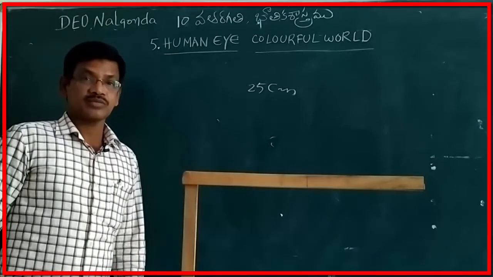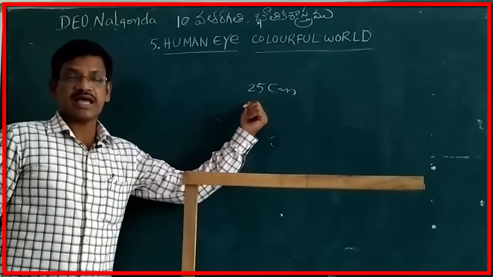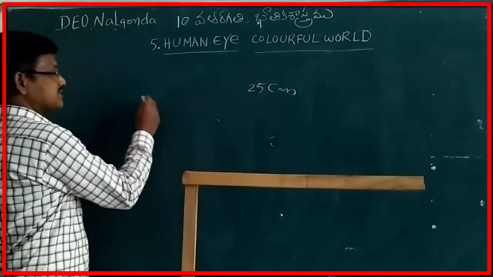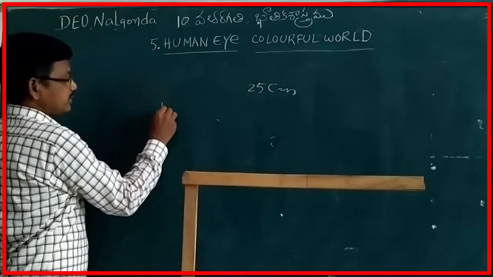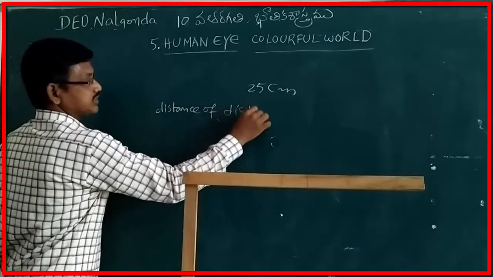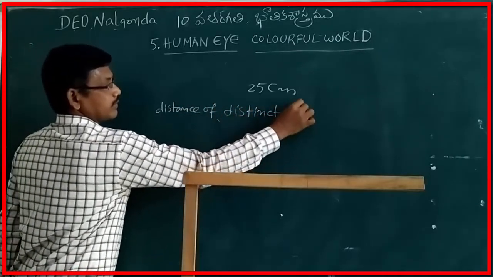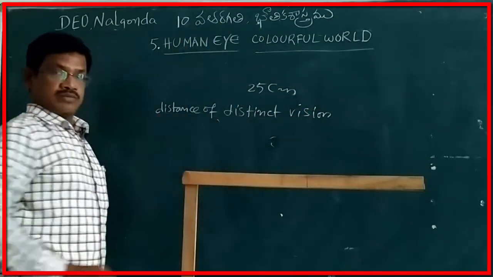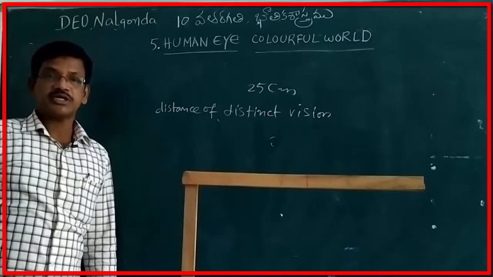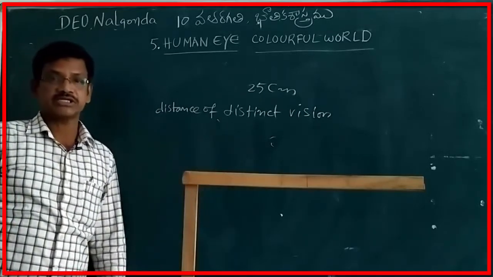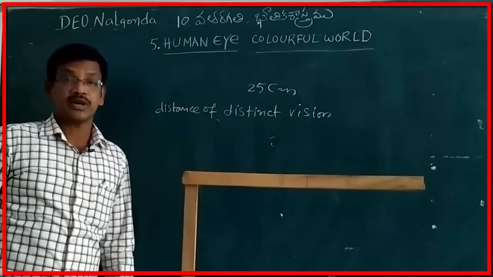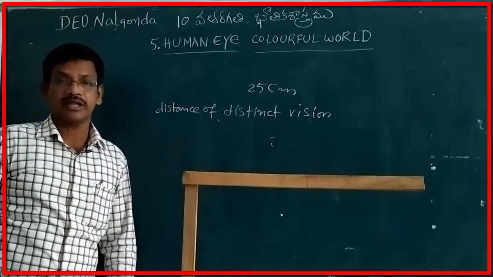That is why we call this distance the distance of distinct vision. 25 centimeters is called the distance of distinct vision. So, to view an object clearly, the object must be kept at 25 centimeters from our eyes, and this distance varies from person to person depending on age.